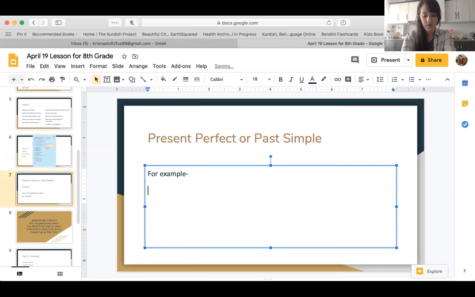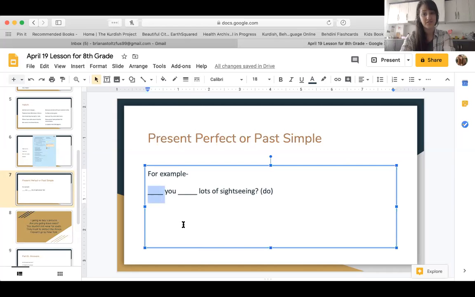Okay, let's do number 3. We have blank, you, blank, lots of sightseeing. Our verb is do. Now, is this going to be in present perfect or past simple? It's going to be in present perfect, true now and in the past. So what goes here?